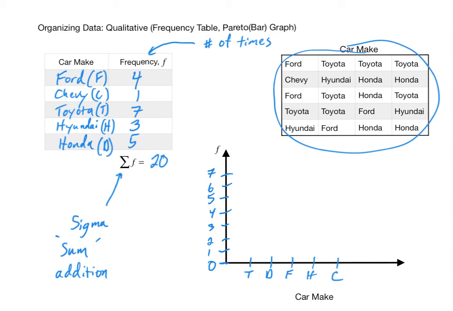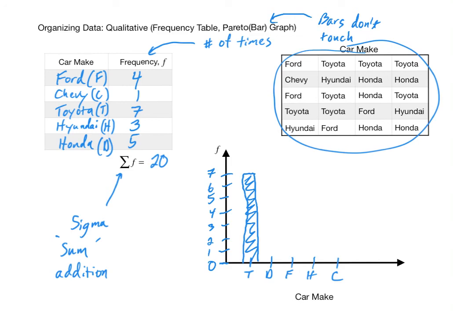And now we're simply going to draw in bars that meet the height associated with the frequency. But the key thing with Pareto graphs is the bars don't touch. Bars don't touch. You'll see that is different when you have a histogram. We'll get to that in a little bit. So the Toyota bar should be a height of 7. Of course, if this was on graph paper, it'd be that much easier, but this is good enough.